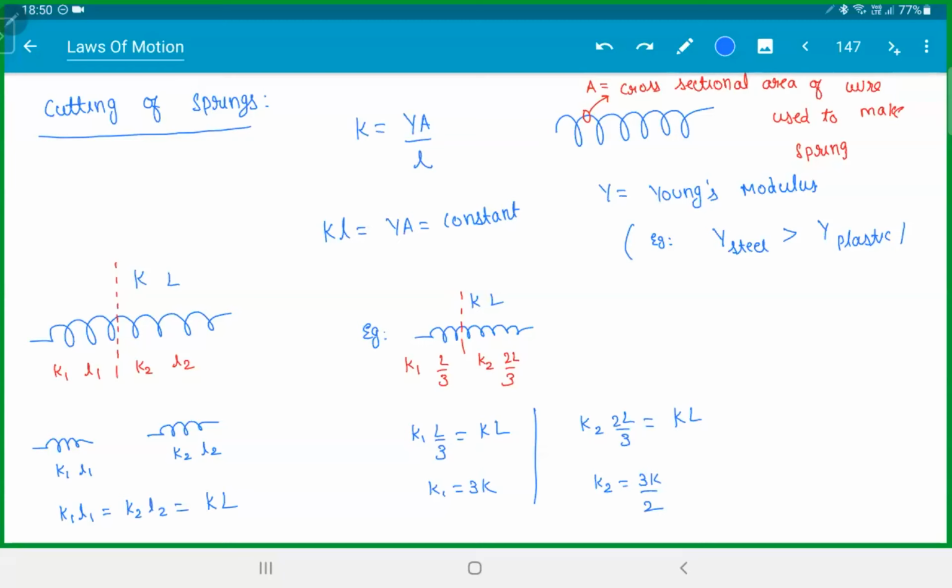Please check this page. Have a look at this example. Quite important. This will come up a lot in a chapter called SHM, but we are going to use it here also. Clear?